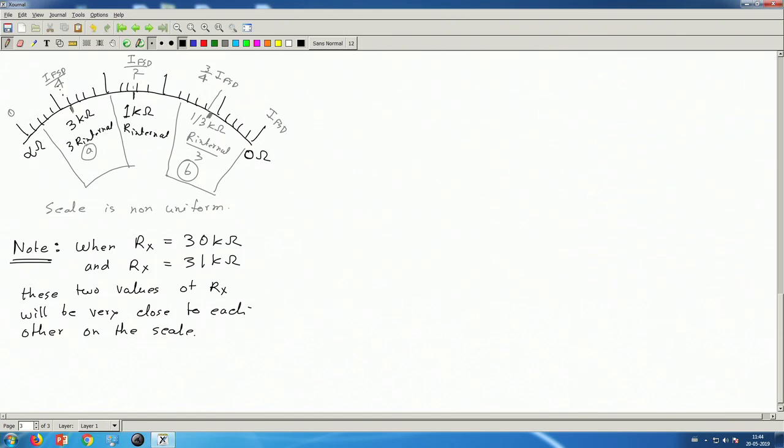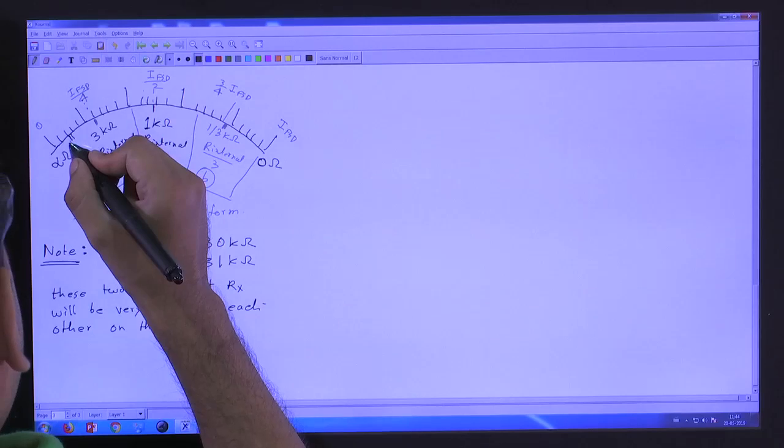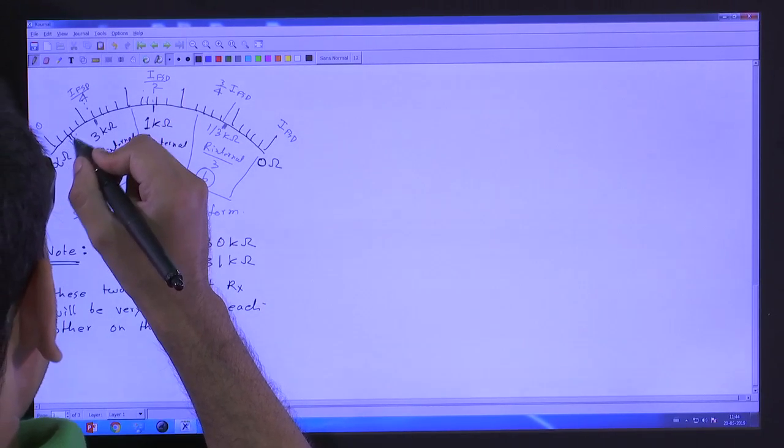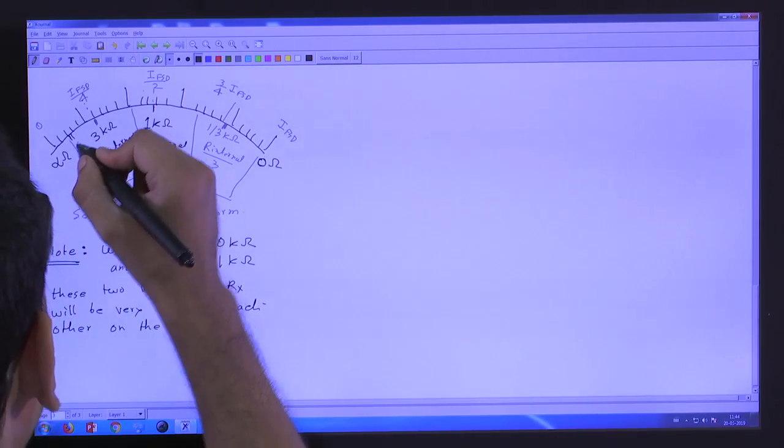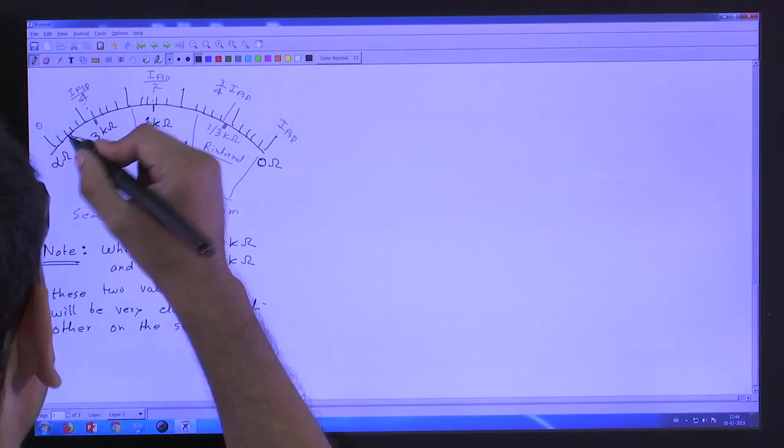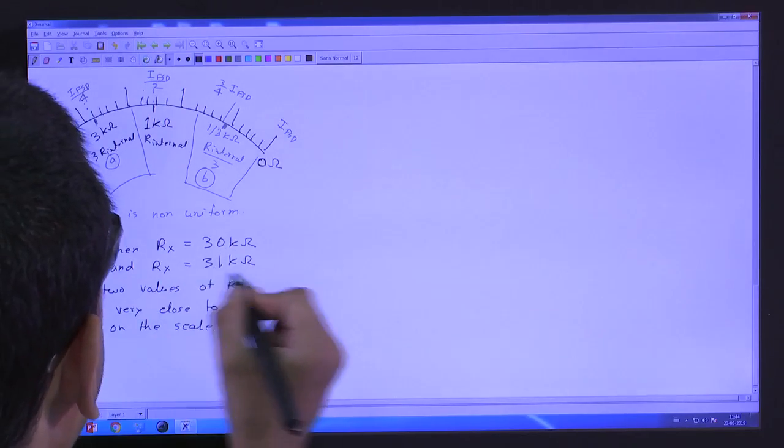Say this is 3 kilo ohm, maybe 30 kilo ohm will be somewhere here, and 31 kilo ohm will be very close to it, and therefore it's very difficult to read the difference between these two, because the pointer will be so close for Rx equal to 30 and 31.